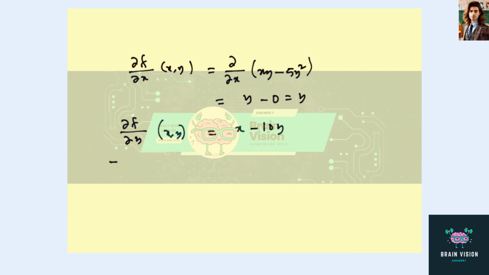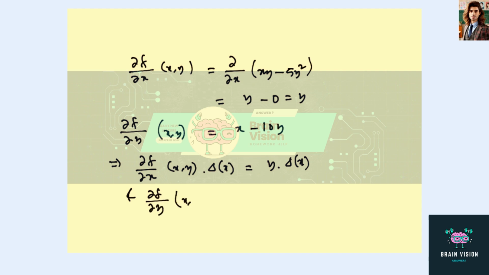So this implies ∂f/∂x times delta x is going to be y times delta x, and ∂f/∂y times delta y is going to be x times delta y minus 10y times delta y.